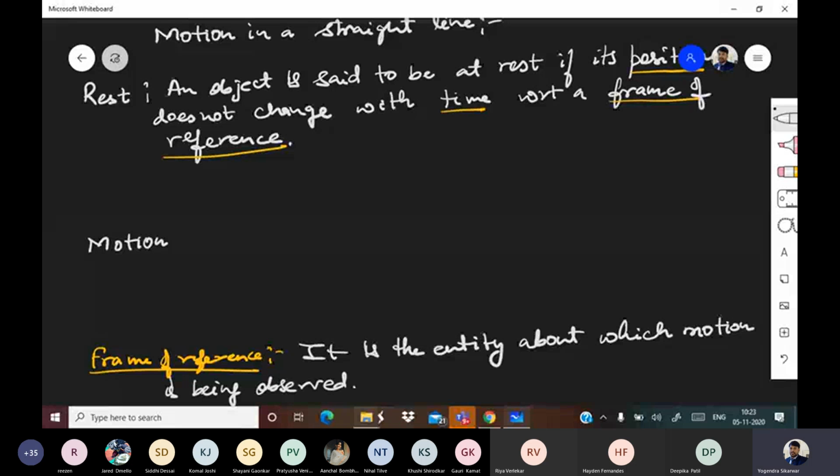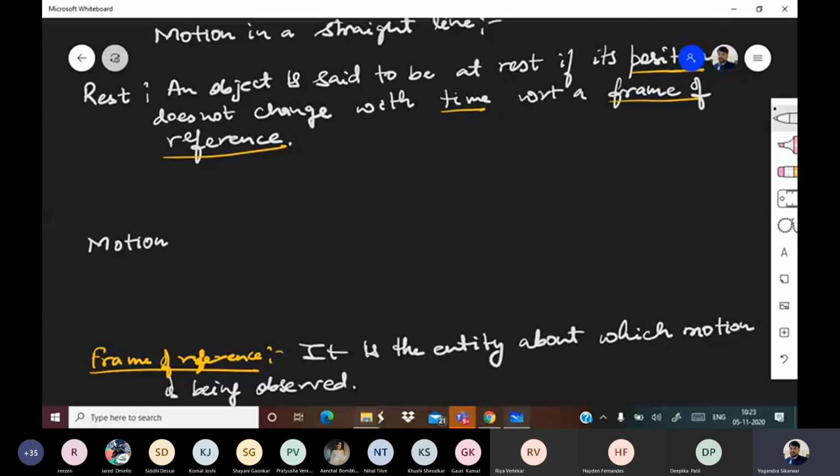Okay. If you are saying you are at rest, that means you are talking in terms of your room. With respect to your room, you are at rest. Your position is not changing in the room. Or with respect to some corner in the room, you are at rest. Your distance from that corner is not changing.